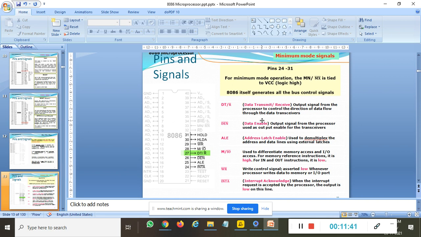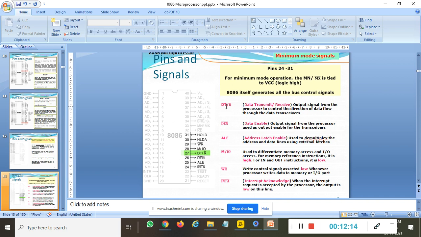These are DT/R bar, data transmit or receive, then data enable, ALE address latch enable, M/IO bar, meaning memory or input output, WR bar and INTA bar. So these are the minimum mode signals.